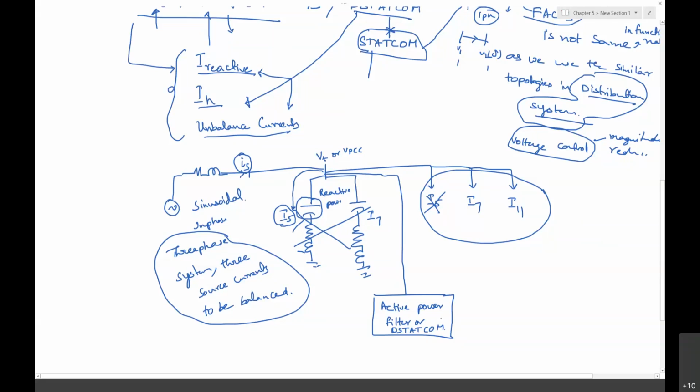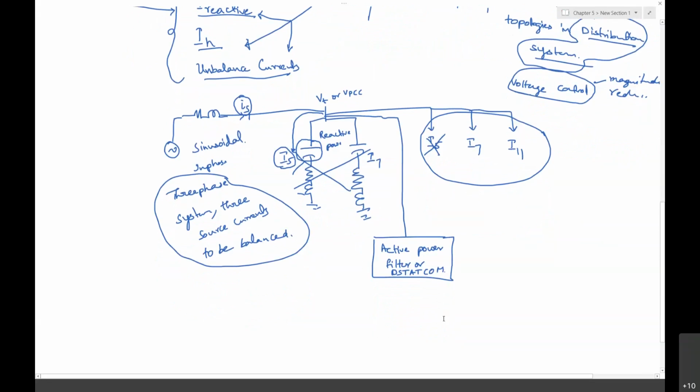This DSTATCOM is basically supported by a voltage source converter or a current source converter. Generally, as I mentioned, current source converter control is a little more difficult, whereas the VSC is much easier to control.